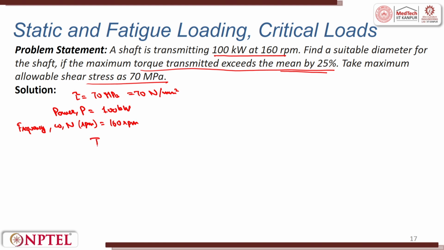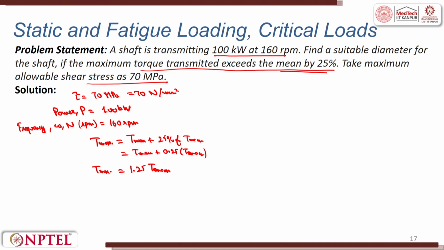Now, T max, that is the maximum torque, is equal to mean torque plus 25% of mean torque, which is equal to T mean plus 0.25 of T mean, which gives me T maximum is equal to 1.25 of T mean.